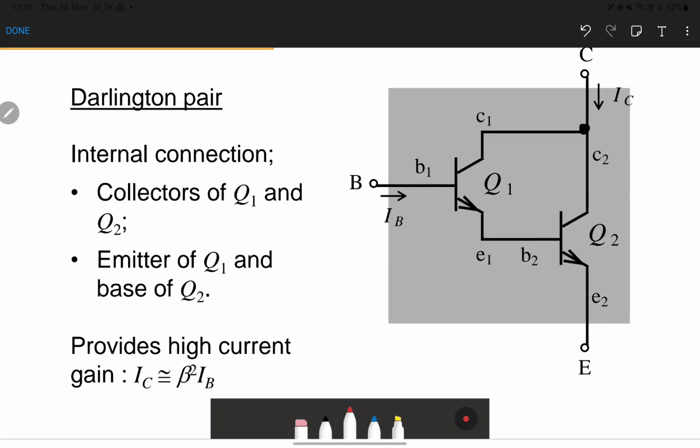Second, Q1 or transistor 1 and transistor 2 are connected at the emitter of transistor 1 to the base of transistor 2, and they share the same connection at the collector 1 and collector 2 legs.